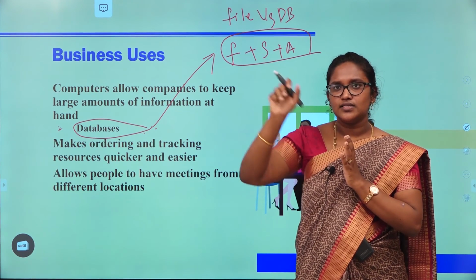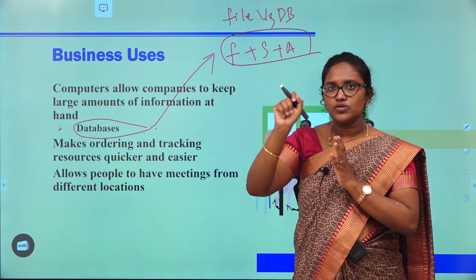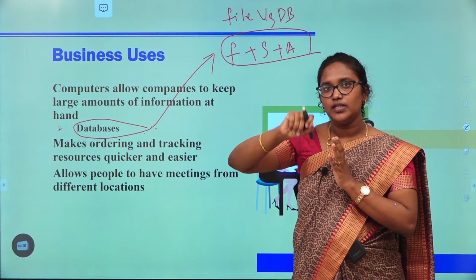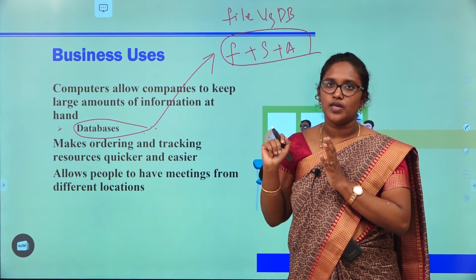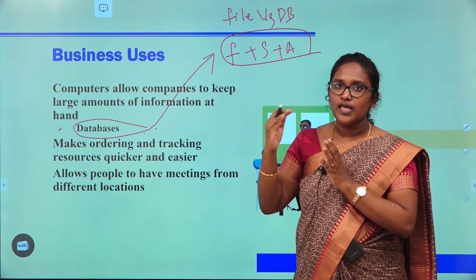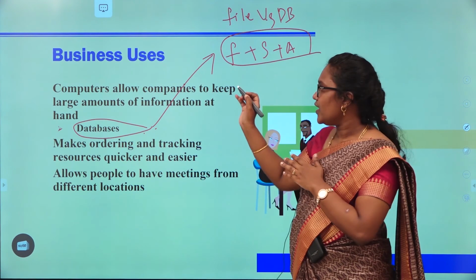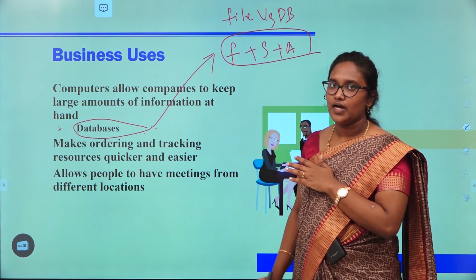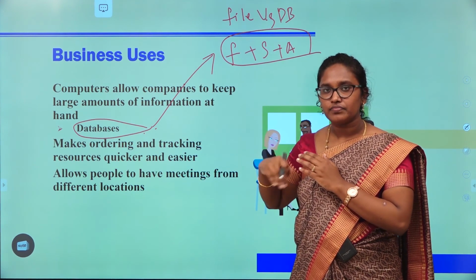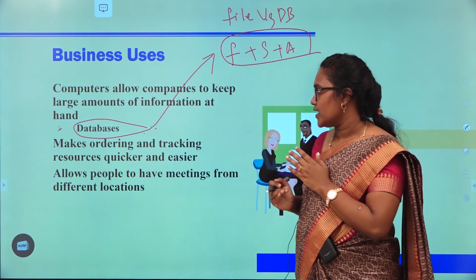If I ask some person to come and pick out the information of the student whose name is Hima, obviously if it is a file, you have to search each and every page. In case of a database, if I give the roll number of Hima, I can easily get the data of Hima within a fraction of a second.